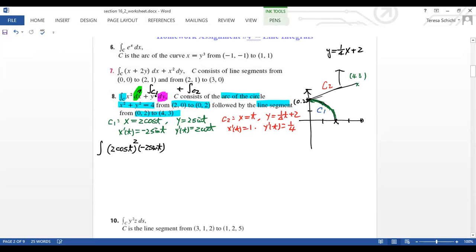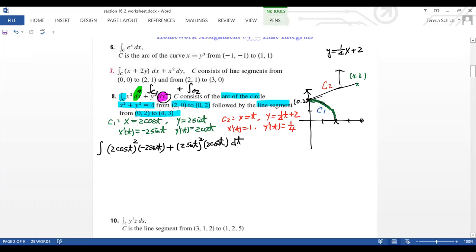Now plus y squared, I'm sorry. So y squared is 2 sine t, squared. But here, this is dy. So what I have here is 2 cosine t dt.